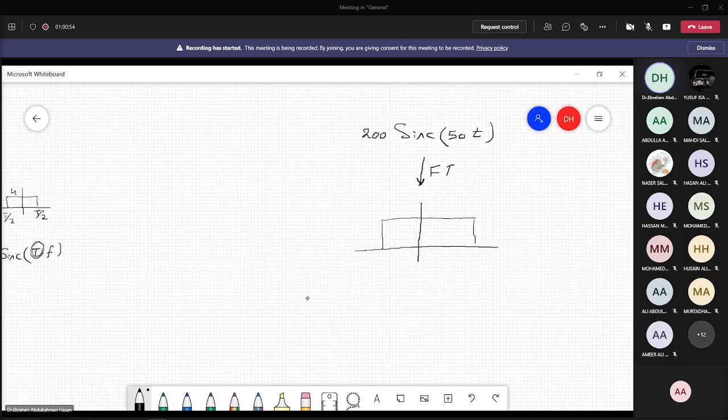Okay, whatever you have here divided by 2, put it here and put it here. So here 50, so then here will be equal to 25 and minus 25.